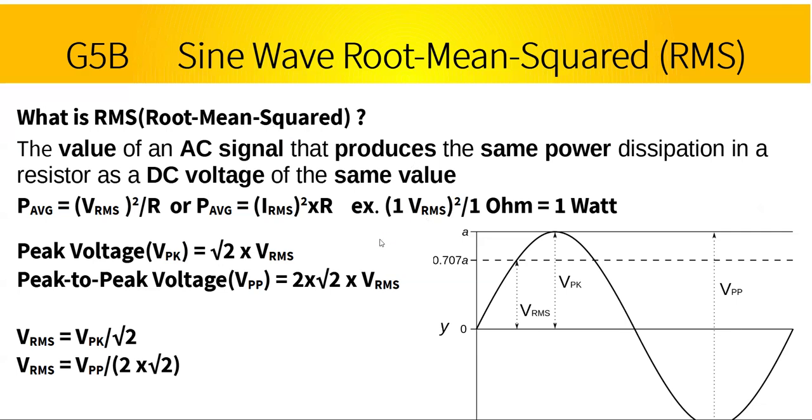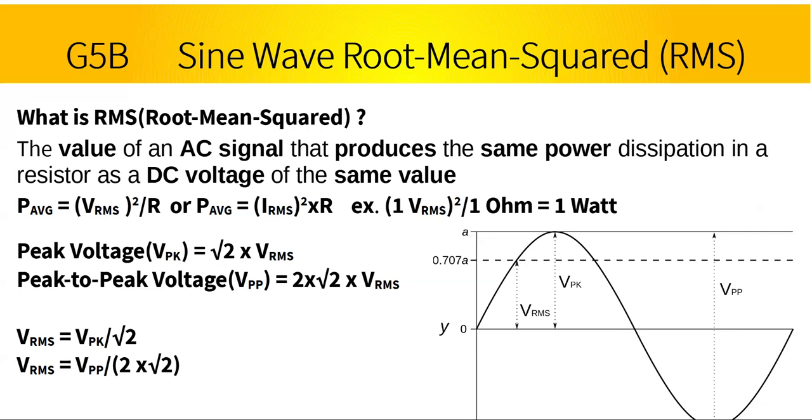So the way you calculate power, well, they have an average power, which is equal to the RMS voltage squared divided by the resistance, or the RMS current squared times the resistance. So the example there is if you had 1 volt RMS into a 1 ohm resistor, you're going to dissipate 1 watt.